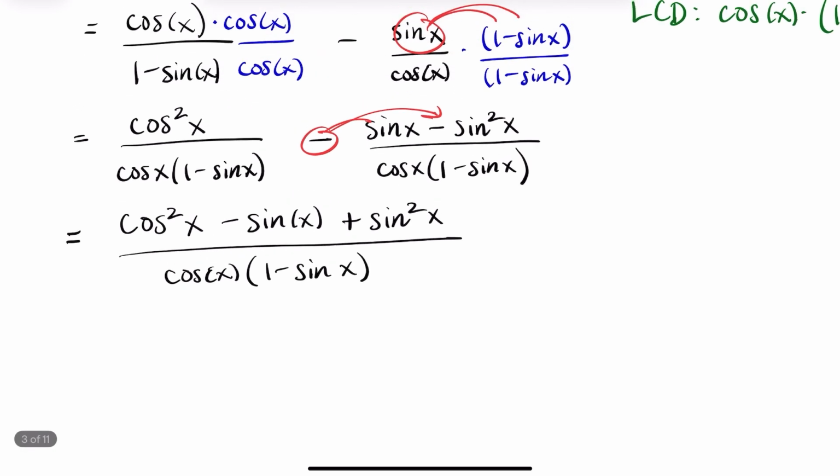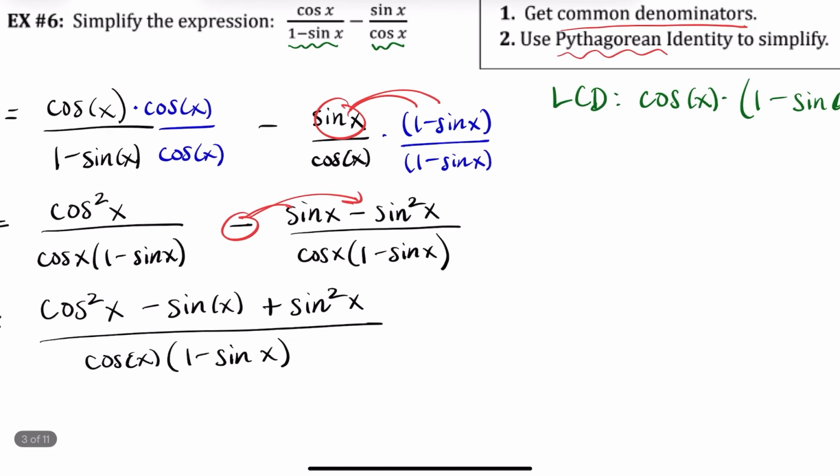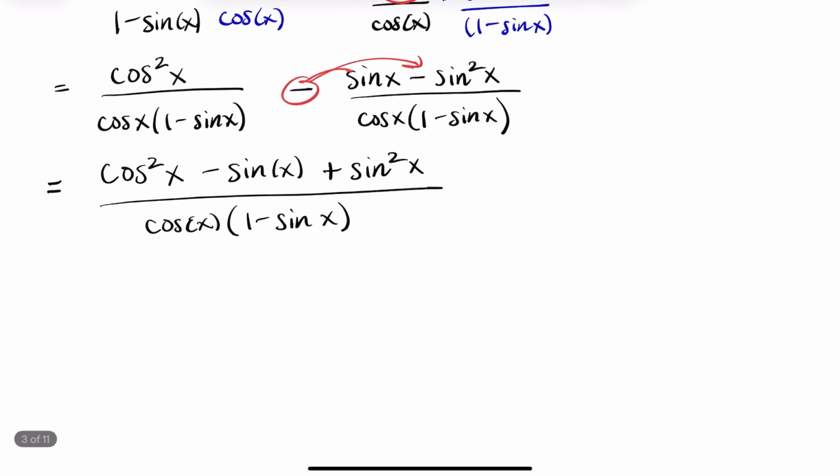All right, so we've gotten the common denominators, but they told us we're going to use a Pythagorean identity at some point. So looking at my expression, do you notice anything that looks Pythagorean? Hopefully you notice that there's a cosine squared and a sine squared. Whenever we have squared trig terms, that is a dead giveaway for a Pythagorean identity.